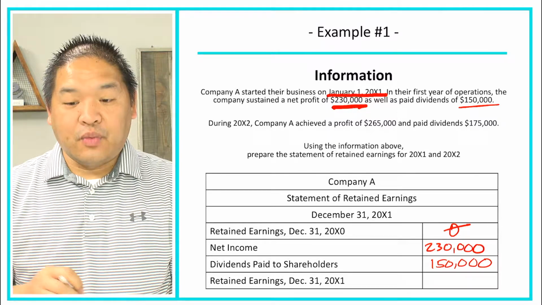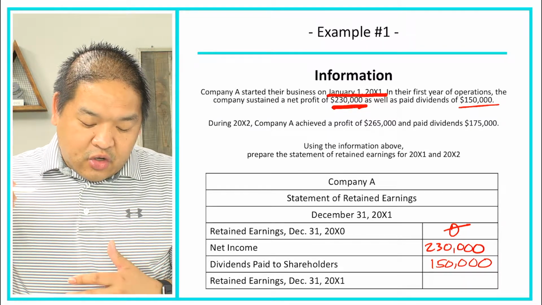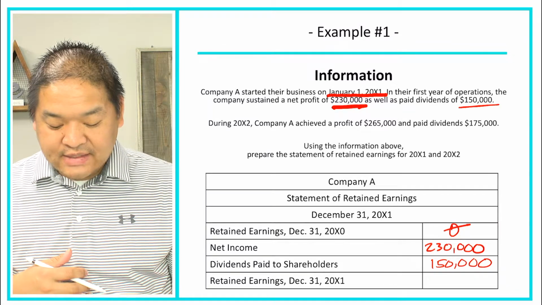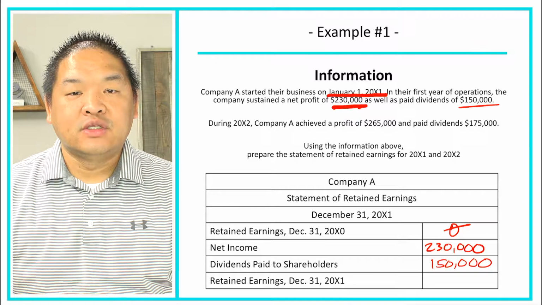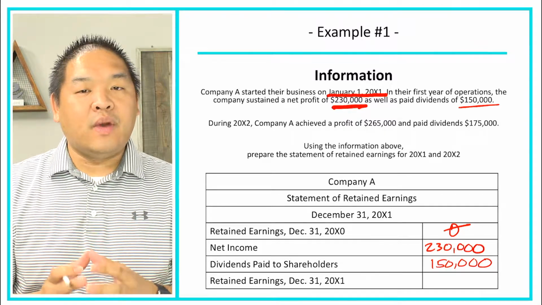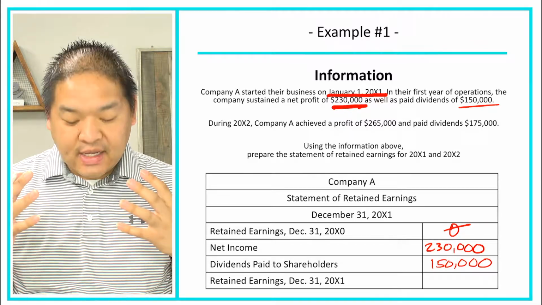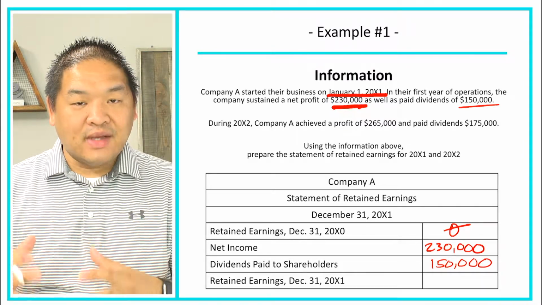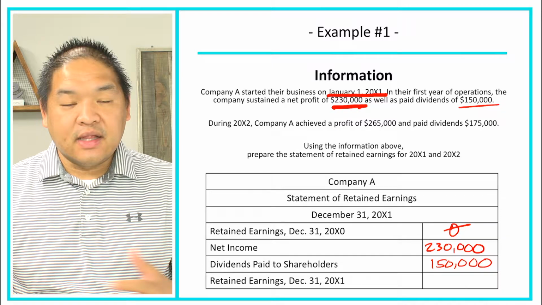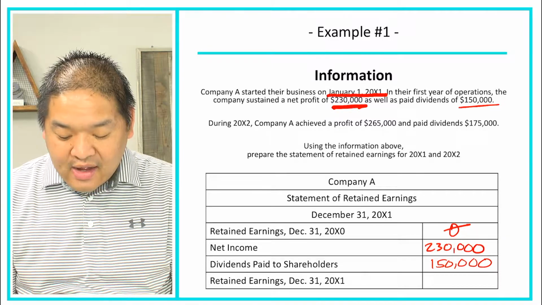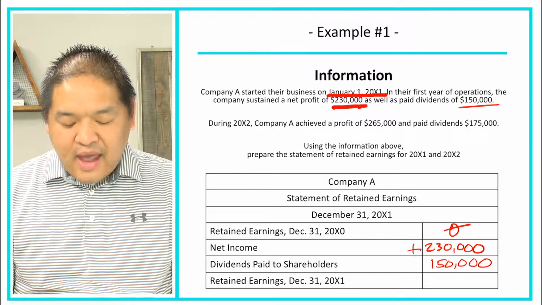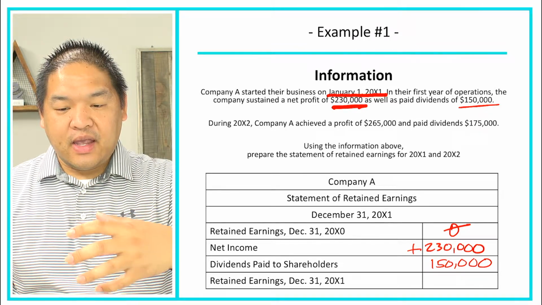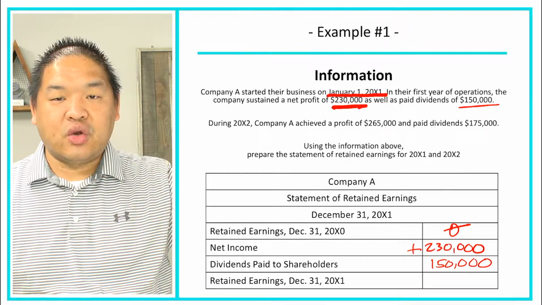Now the question at this point is, are we going to add or subtract the net income? Are we going to add or subtract dividends paid to shareholders? When it comes to net income, that will always increase stockholders' equity, or retained earnings, unless we have a net loss. So we'll add the 230. And then dividends, that's basically us paying our earnings to our shareholders.